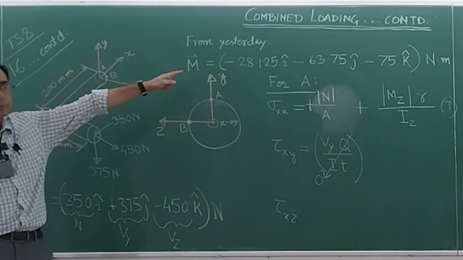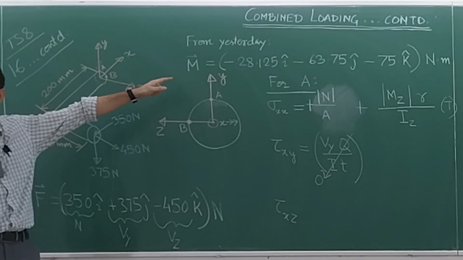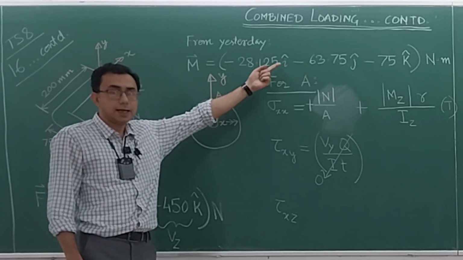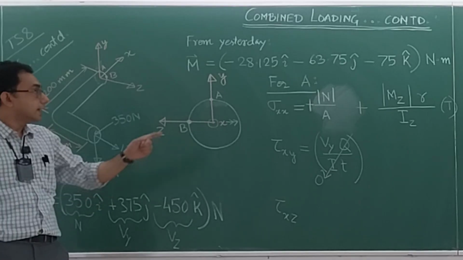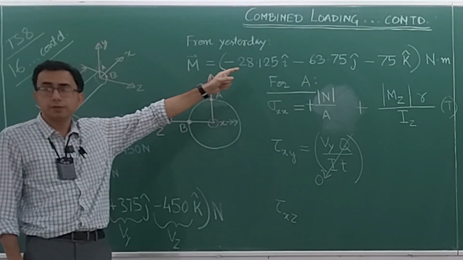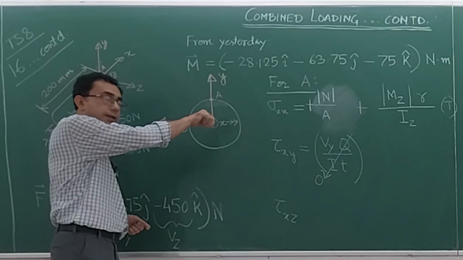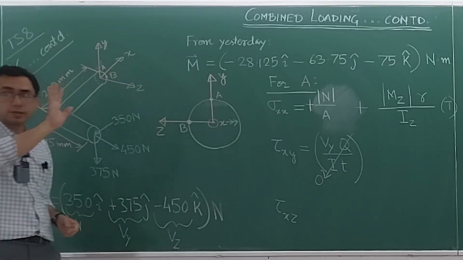Now you look at this M vector, and you tell me which component is the torsion component. Yes, the one with the i hat, that is the torsion. And very explicitly speaking, since it is minus 28.125, it is actually going into the plane, which means my thumb should go into the plane, which means the torque is like this. This is very important to see.